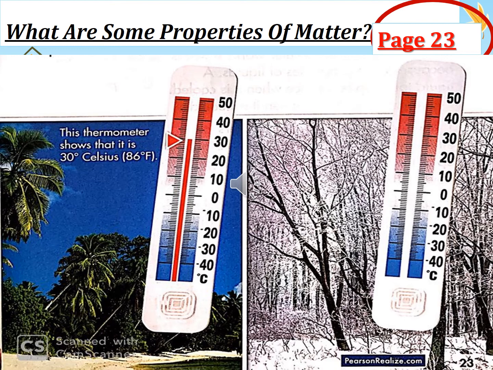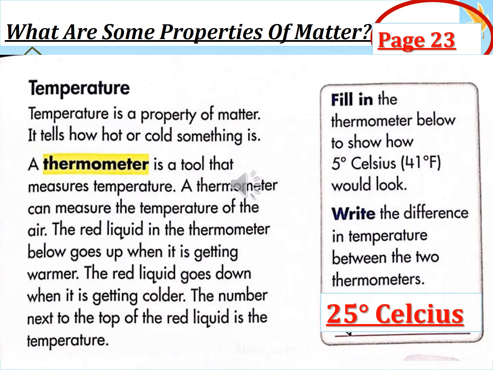Put now the red liquid line. Take your time. Excellent. You must put the red liquid line between the 0 and 10. Great work! As we find the difference in temperature between those two thermometers, we found out that their difference is 25 degrees Celsius.